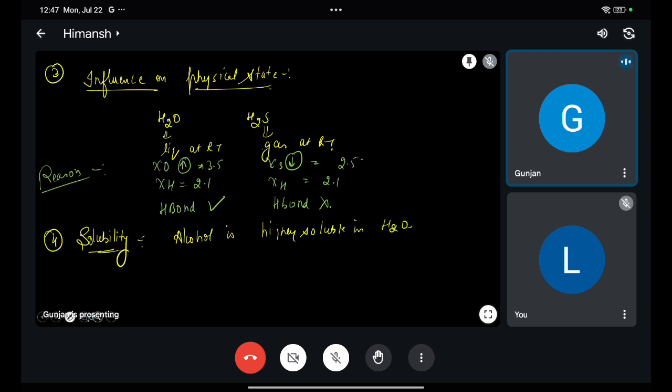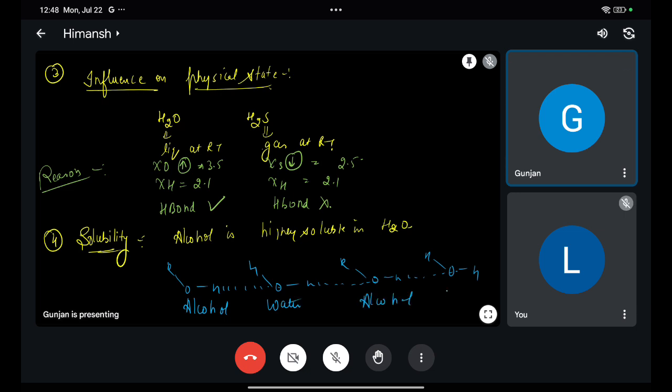The reason is hydrogen bonding. How can we show that? ROH, HOH, ROH, HOH. So here we can see the hydrogen bonding in between: alcohol, water, alcohol, water.